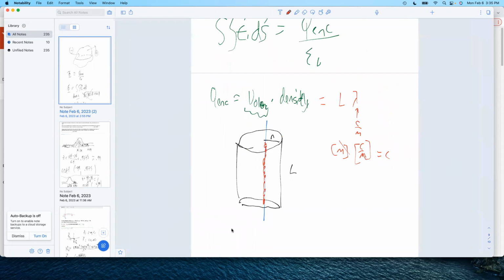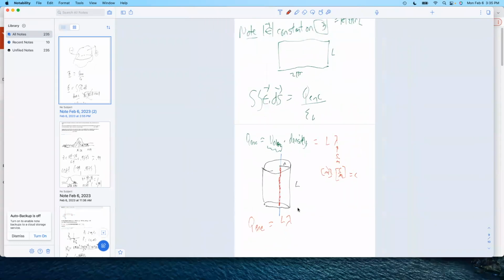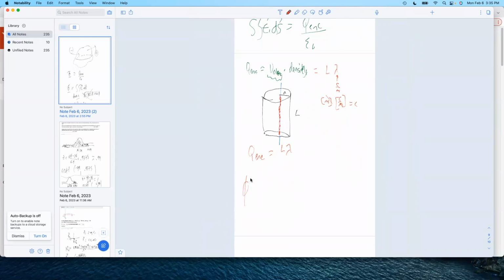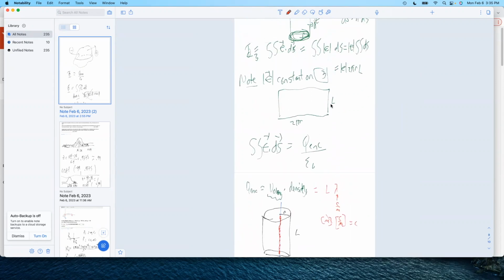So my Q enclosed here is L times lambda. All right, so now we put all this together. The flux through the surface is the double integral of E dot ds, which is Q enclosed over epsilon naught. Over here, it's right here.